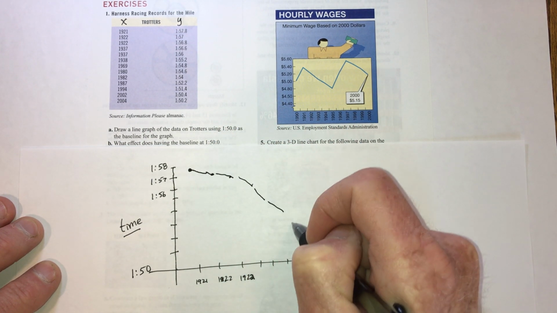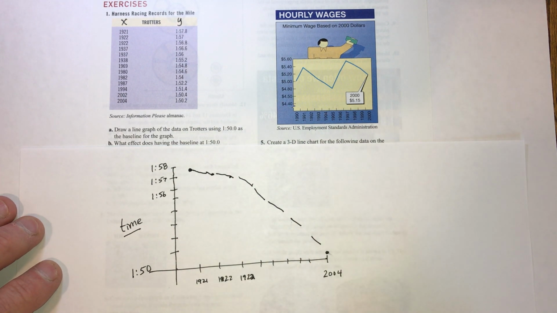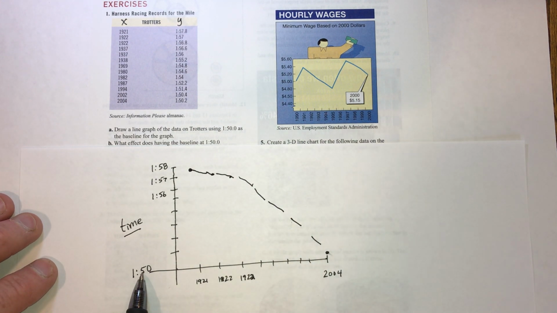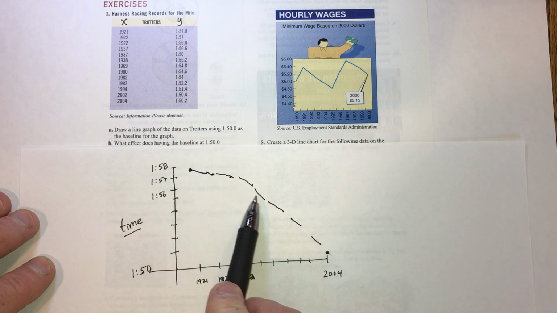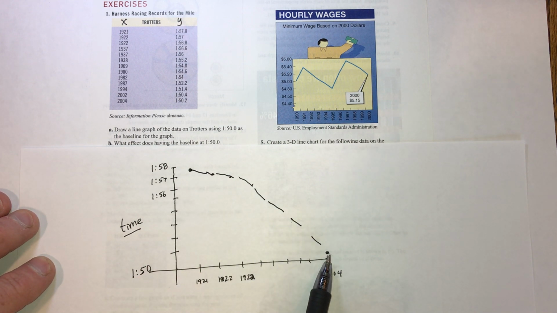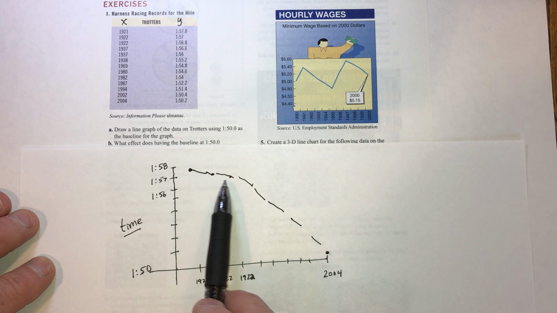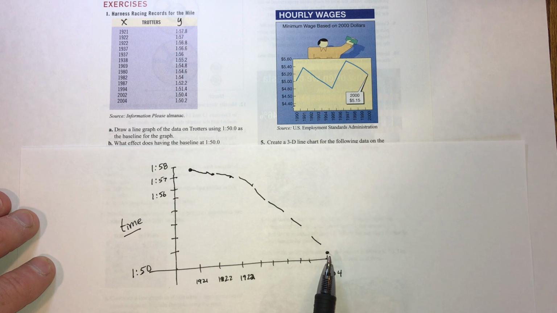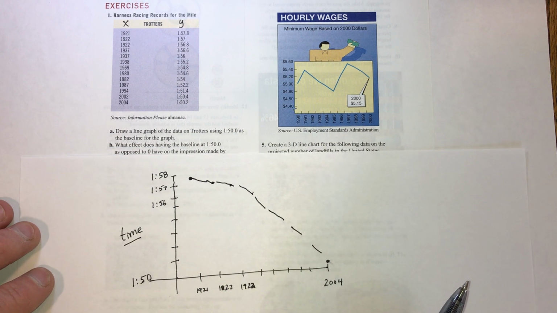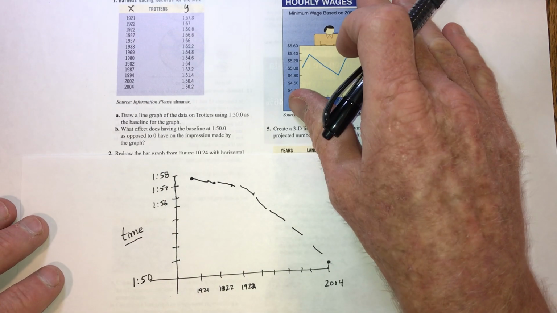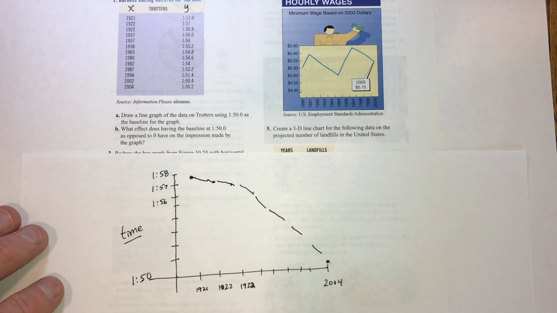So you connect the dots, and basically because this starts at 150 instead of starting at 0, this looks like a huge difference. When it's really an 8-second difference, but this is basically now exaggerated and it looks like a huge difference. On part B, they're then saying now start at 0.